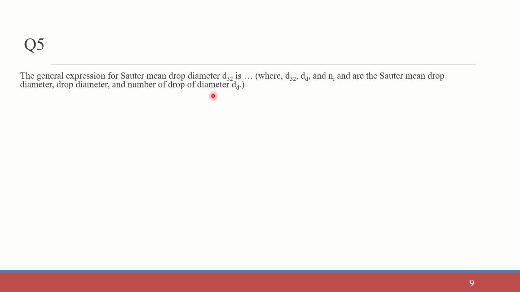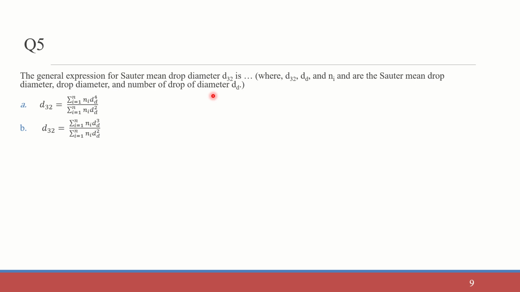So the question is regarding identifying the correct expression for Sauter mean drop diameter D32. Now we are going to look at the options and finalize the answer.